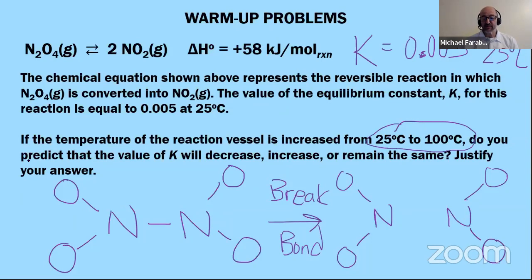So energy is absorbed in the breaking of a chemical bond. So that's your first clue if you did not have access to this delta H value. Your first clue looking at the structural formulas is that from left to right, sometimes in chemical reactions, bonds are both broken and formed, but in this particular example, it's fairly certain that a bond is broken, and therefore this is an endothermic process.